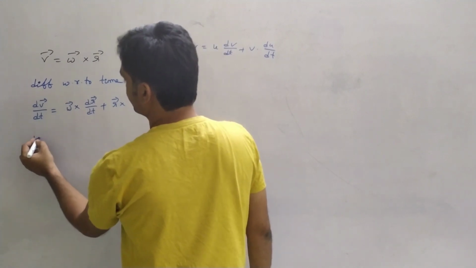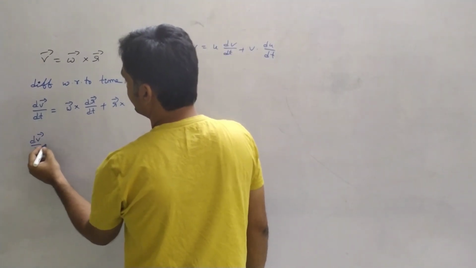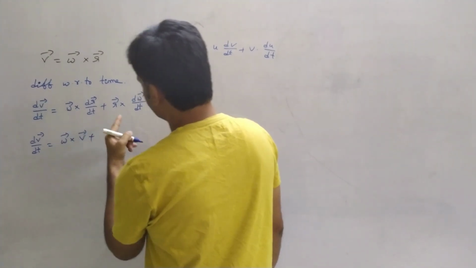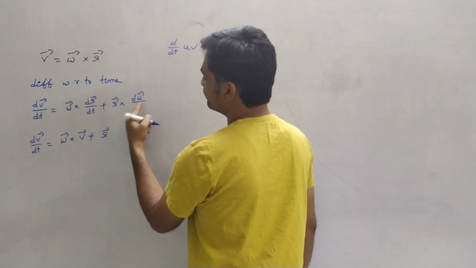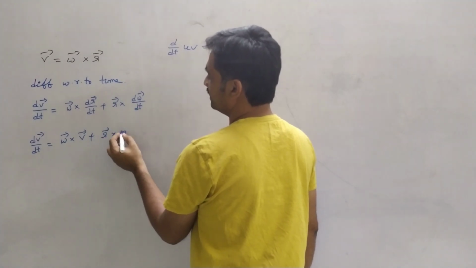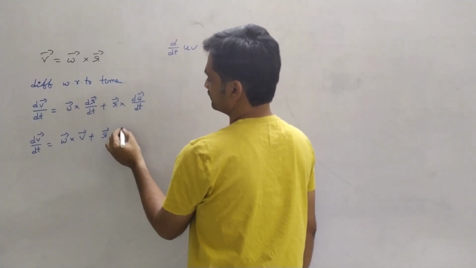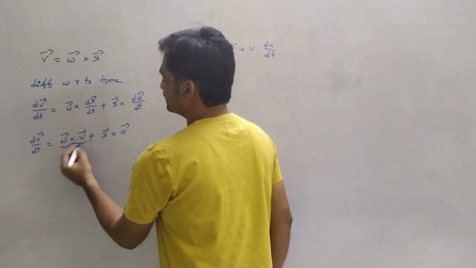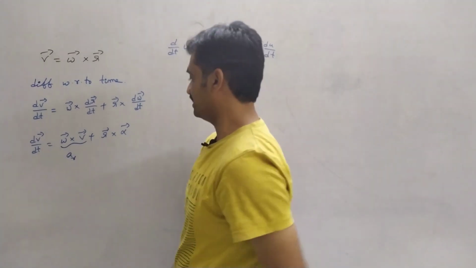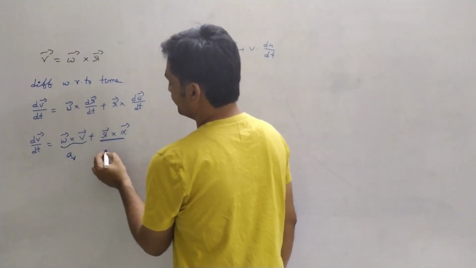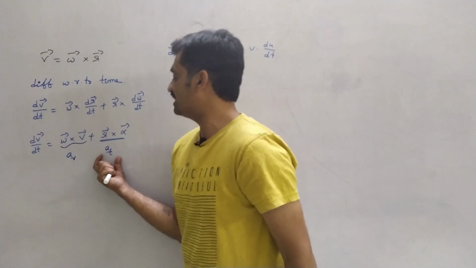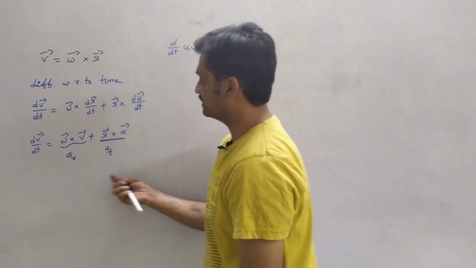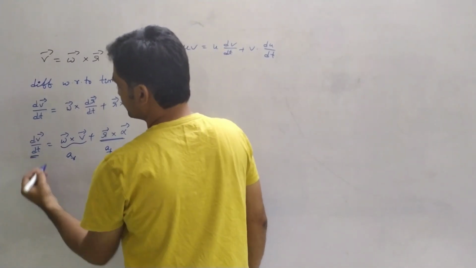Then we can represent it as dv bar by dt equals omega bar cross v bar plus r bar cross rate of change of angular velocity, which is nothing but angular acceleration. So here omega bar cross v bar represents radial acceleration, whereas r bar cross alpha bar represents tangential acceleration of a body which is rotating about a fixed axis. So based on that it represents acceleration.